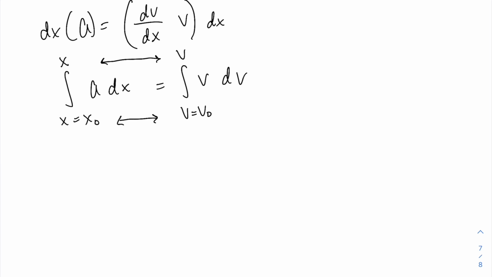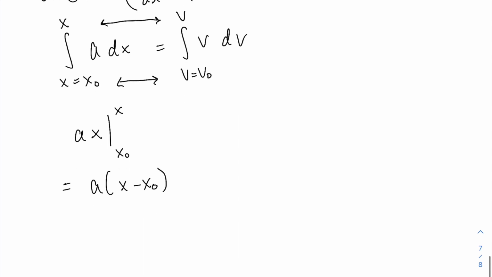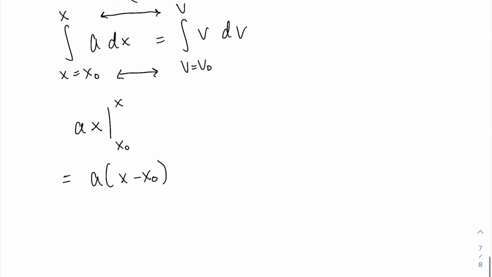So starting with the left side, a is a constant, and so the integral of a dx is just going to be equal to a times x, evaluated from the initial to the final position, which is just equal to a times x minus x naught, if we plug each of those in. And we'll leave it like that for now.